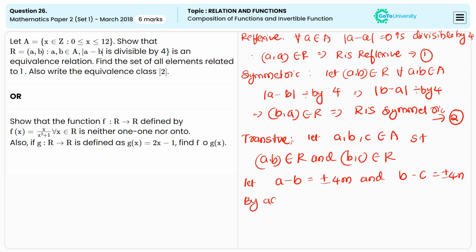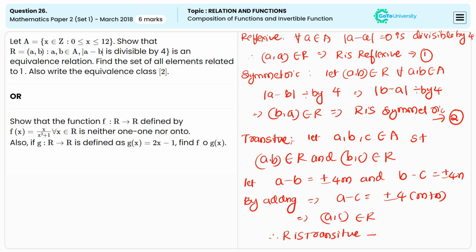So by adding the above equations, we get a minus c is equal to plus or minus 4 times (m plus n), which indicates (a, c) also belongs to the relation. Therefore, we can say R is transitive. Let us take this as the third statement. Now, from statements 1, 2 and 3, it is very clear that the relation R is an equivalence relation.